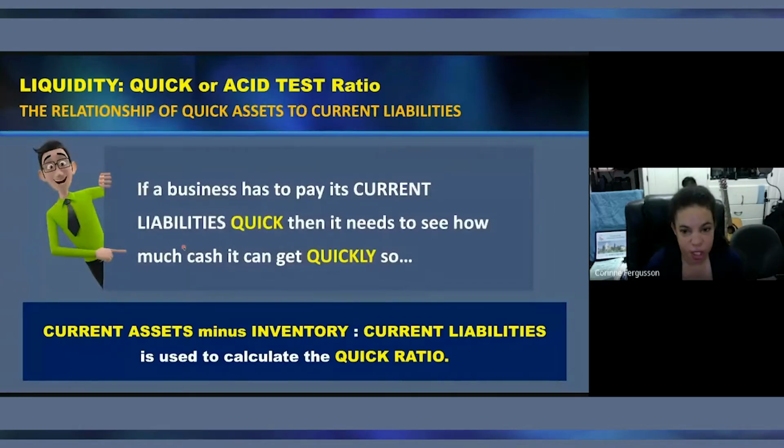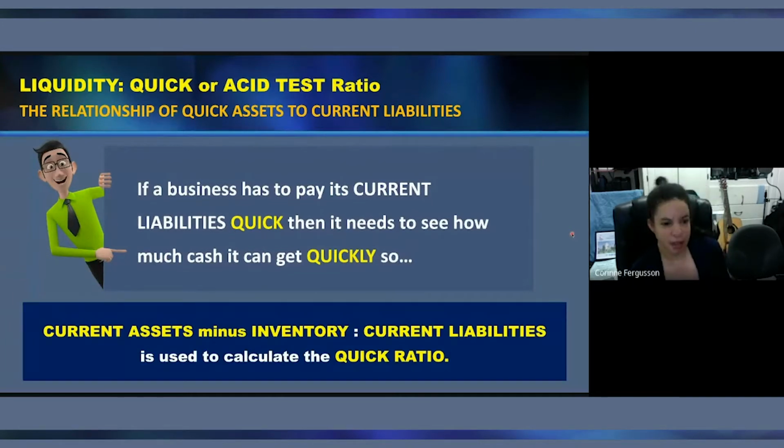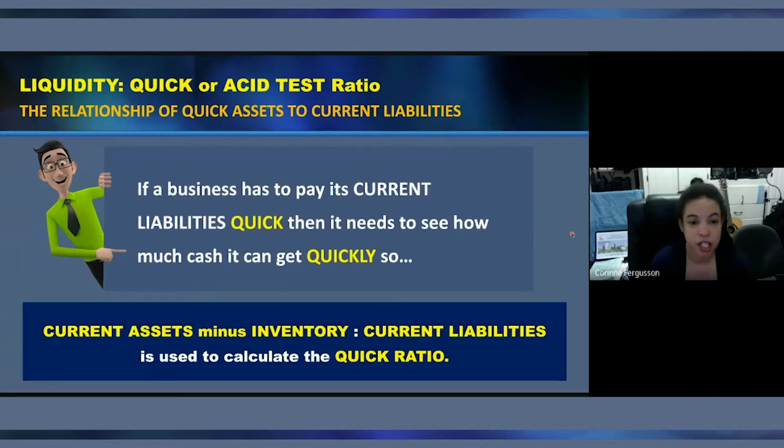But there's another ratio for liquidity that gives you an even better indication of the ability of a business to meet its short-term loans or debts. If a business has to pay its current liabilities quickly, then it needs to see how much cash it can get quickly.